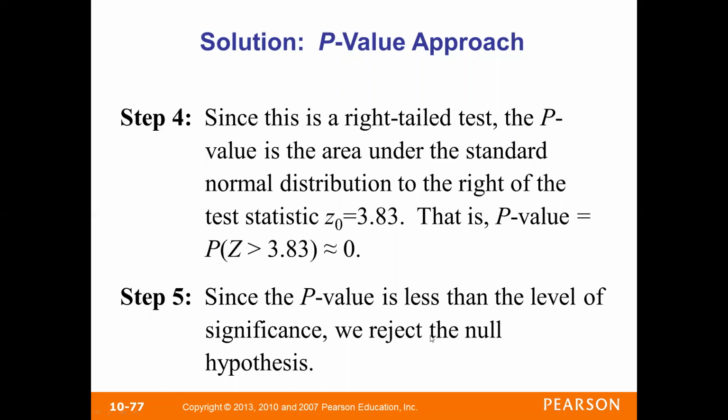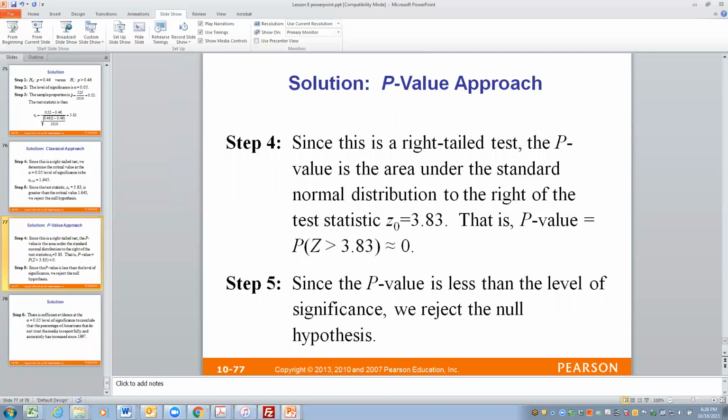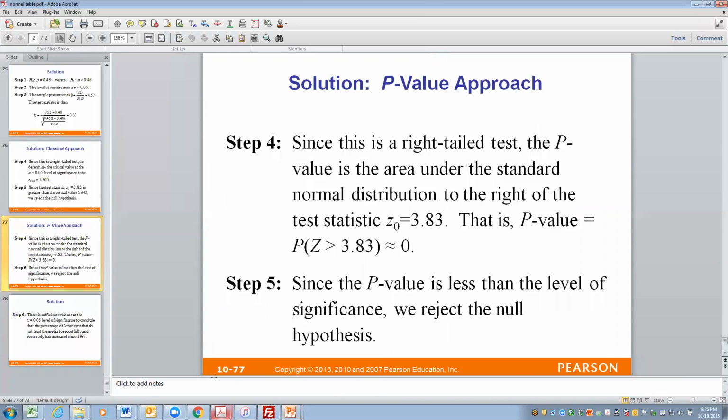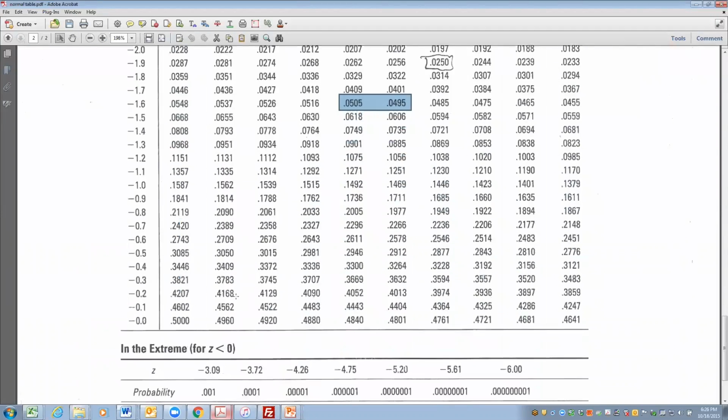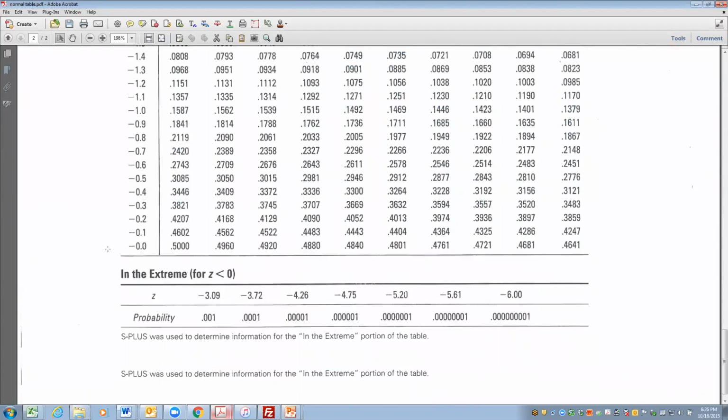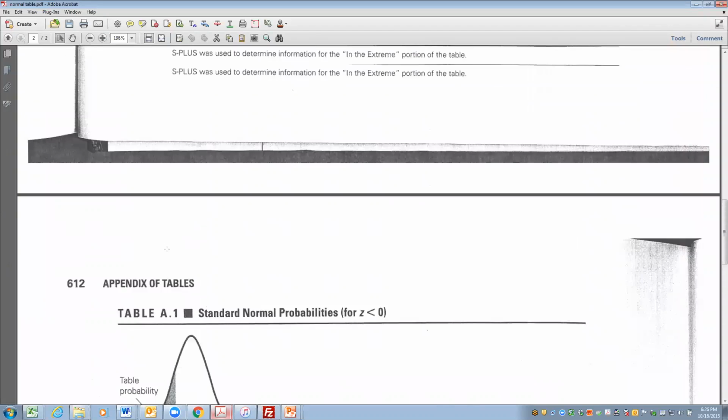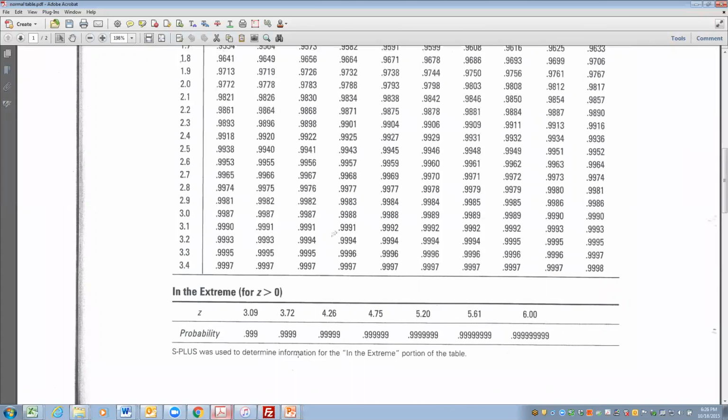If we go back to our normal table now, and I look up a value of 3.83, you'll see that our table doesn't even go to 3.8. So it's very unlikely that that will happen.